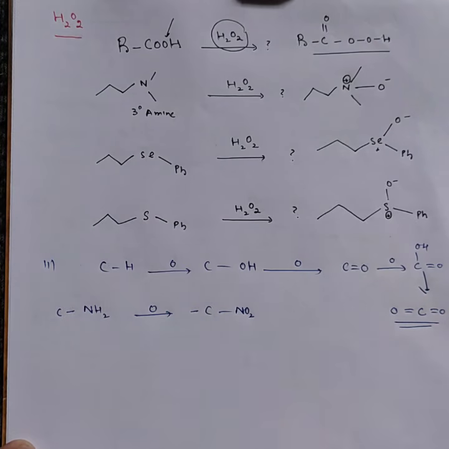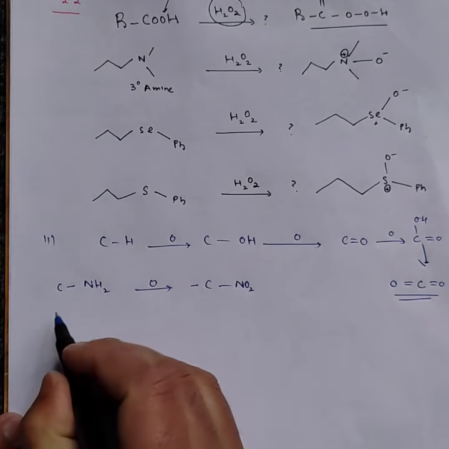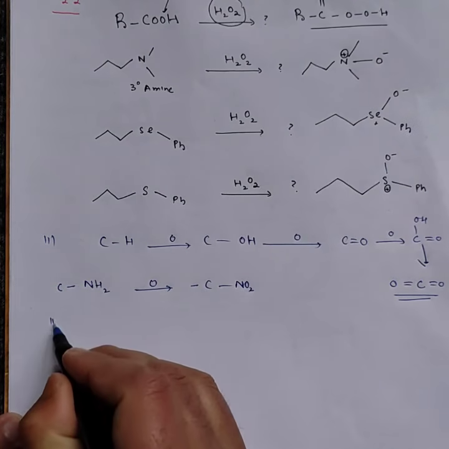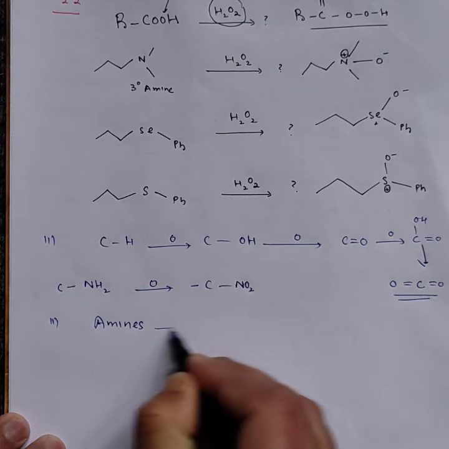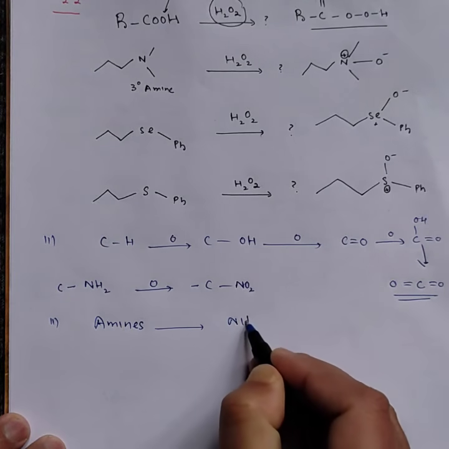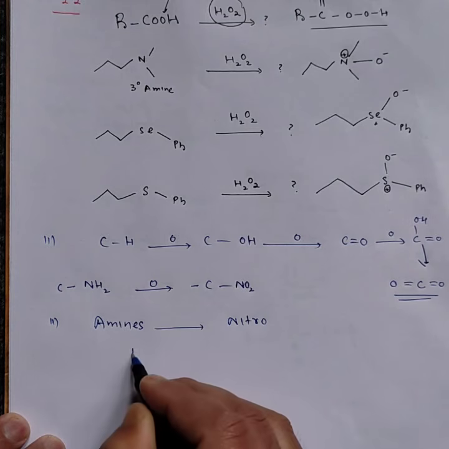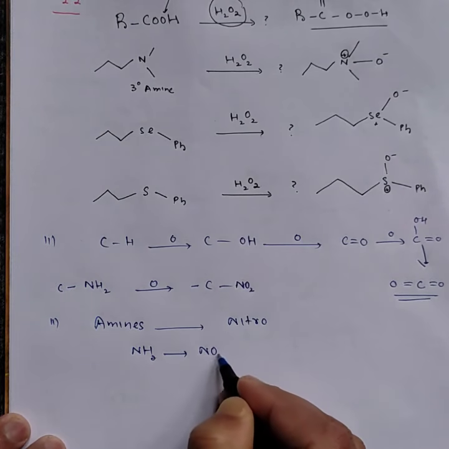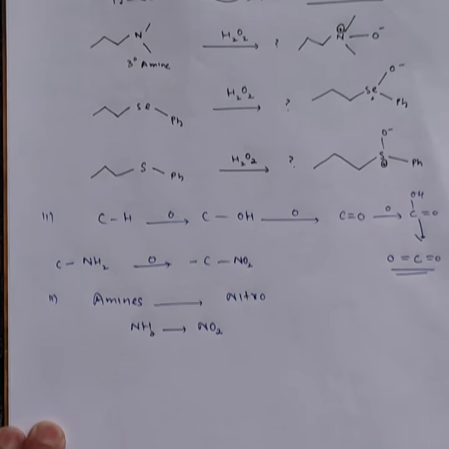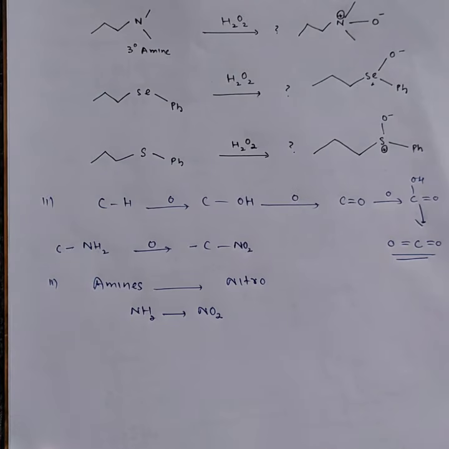So amine gets nitro. Same is what this peroxide actually does. So peroxide converts your amines to nitro compounds. That means it converts your NH2 group to nitro group. Let's take a couple of examples and then we'll finish today's class.